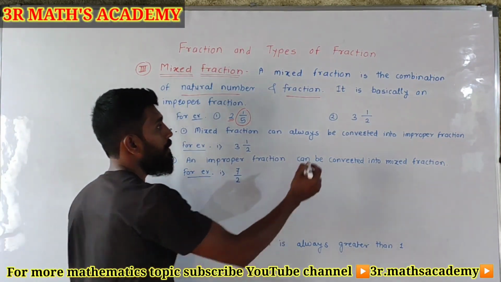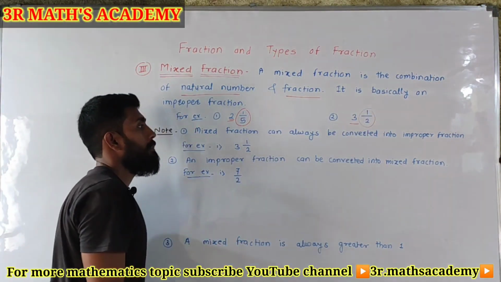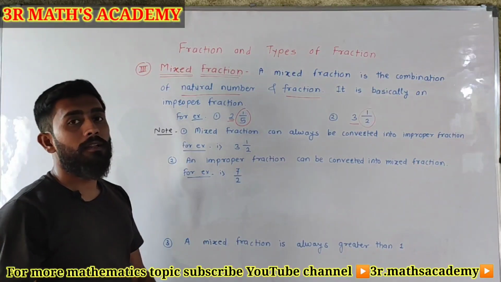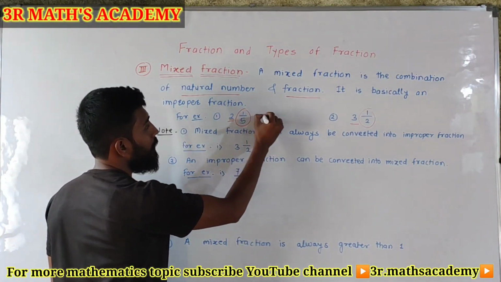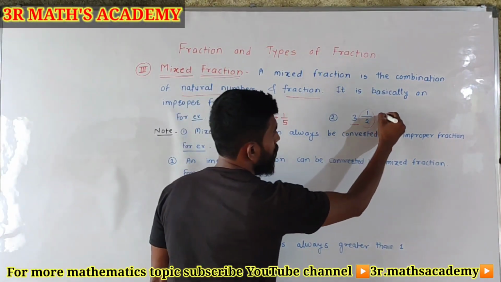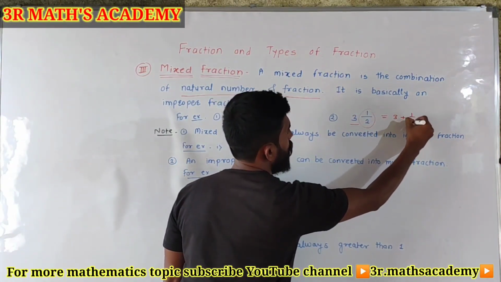Also in example number 2, 3 is a natural number and 1 upon 2 is a fraction. Friends, 2, 1 upon 5 is also written as 2 plus 1 upon 5, and similarly 3, 1 upon 2 is 3 plus 1 upon 2.